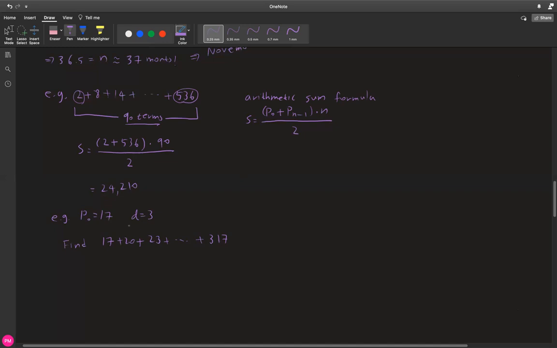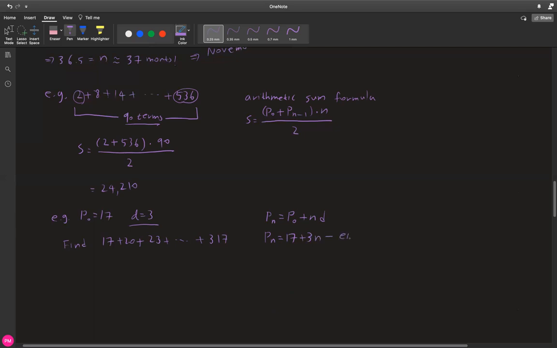But in this case, we're given that the common difference is 3. So in order to find that, we're simply going to use the explicit formula. The explicit formula is given as P sub n equals P sub 0 plus nd. In fact, we can plug in all the values that we know and find the explicit formula like this.